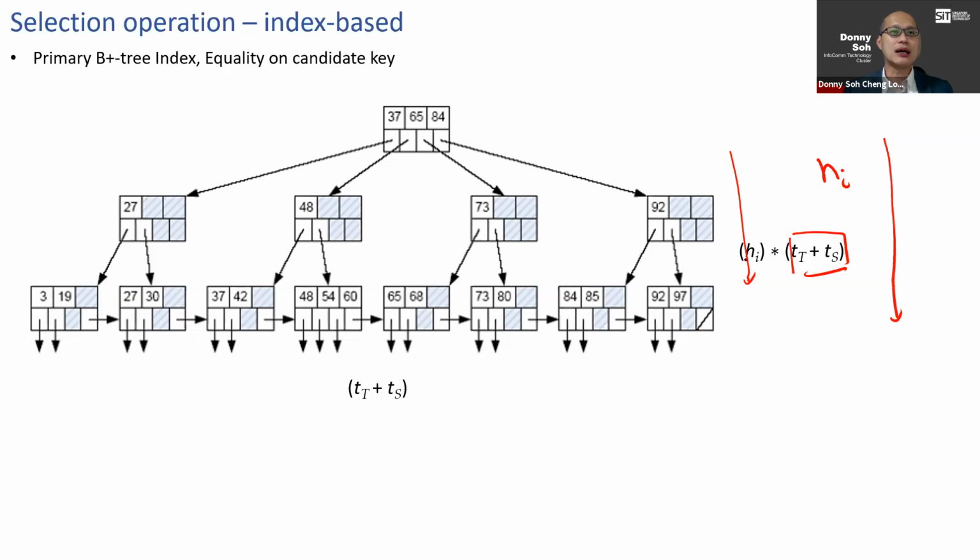I also need to account for the disk access time and seek time at the leaf node. And because this is equality on a candidate key, how many records will be returned?